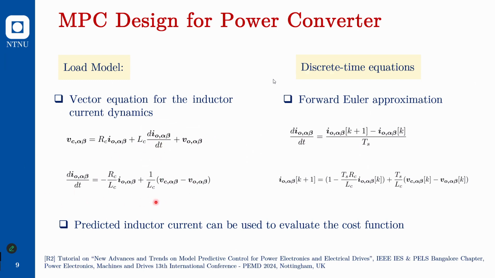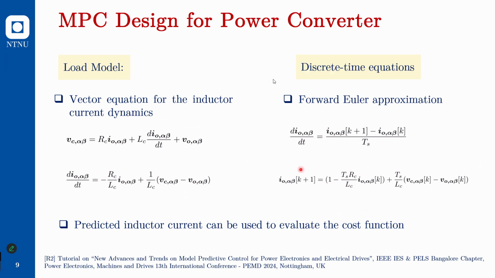However, according to the forward Euler approximation, we can discretize any differential equation. This is the way we can do it, where Ts means the sampling period, and it is the system sampling period, not the control one. And now if we compare this equation with the discretized equation, then we'll end up getting the predicted current, which is mentioned here.